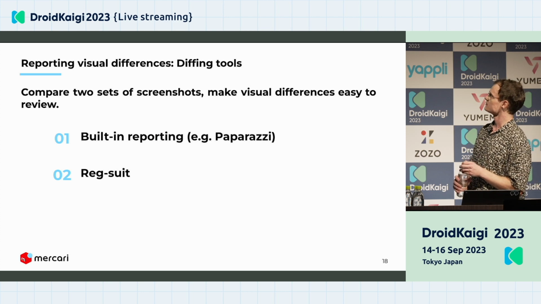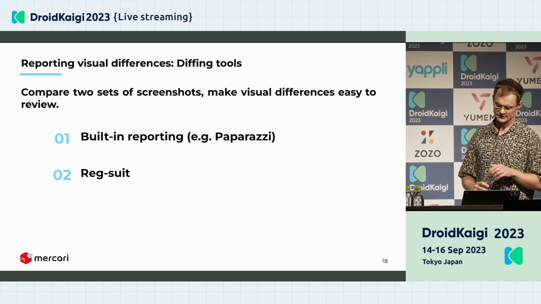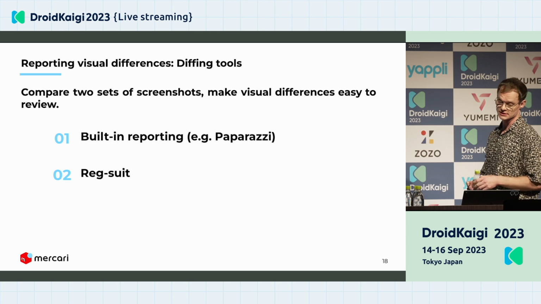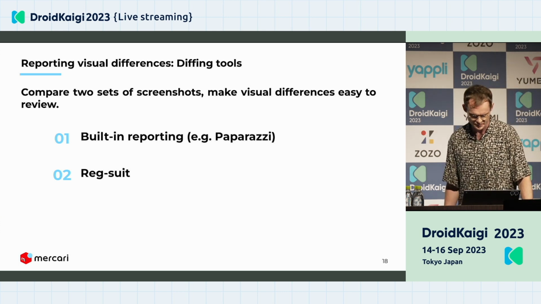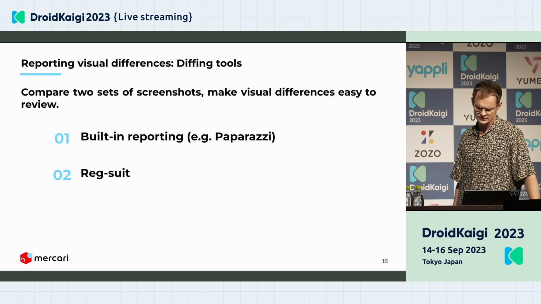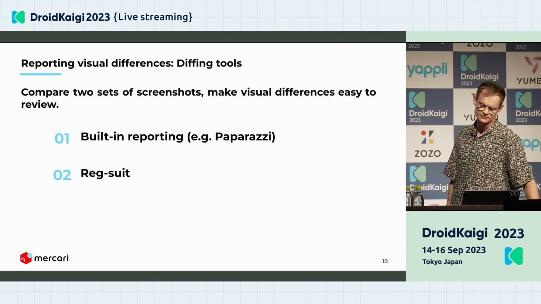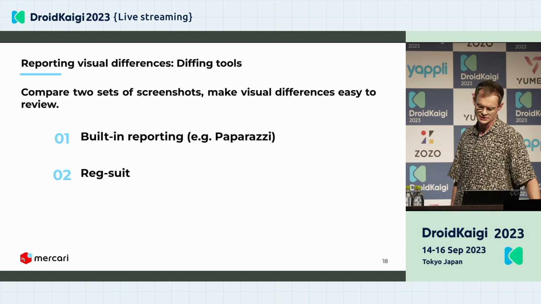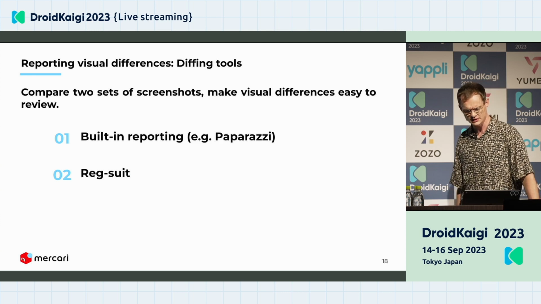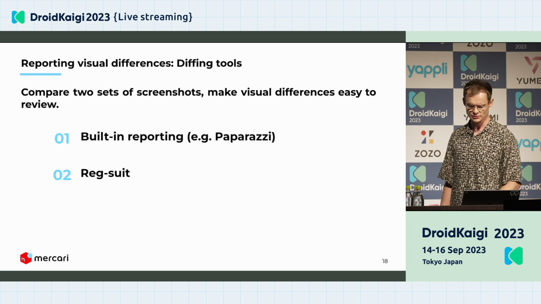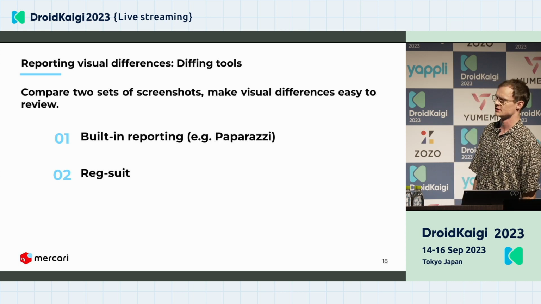For the second part of our problem, providing this report of visual differences, we considered two different solutions. First of all, these screenshot testing frameworks usually come with some sort of built-in reporting tool. The upside here is that no additional frameworks are needed, and we know it's supposed to work well with how the screenshot testing framework is set up.